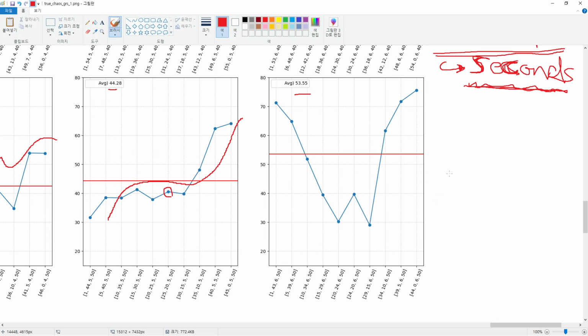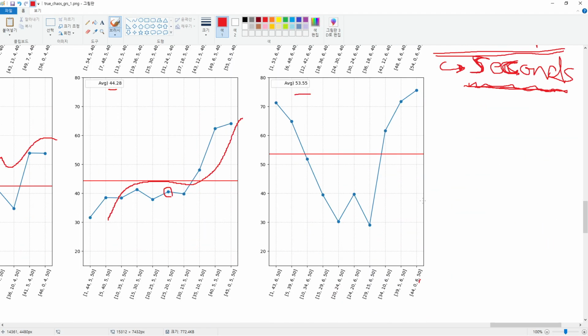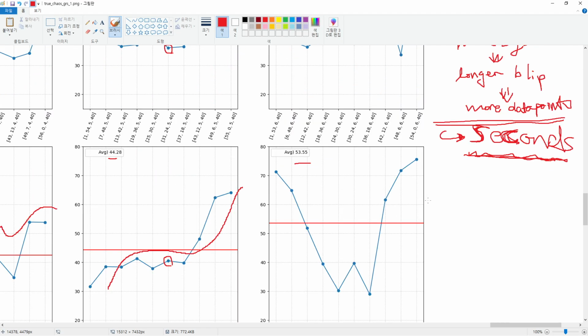However, that's not the case when we just have a lot of entities being produced, which means more entities.